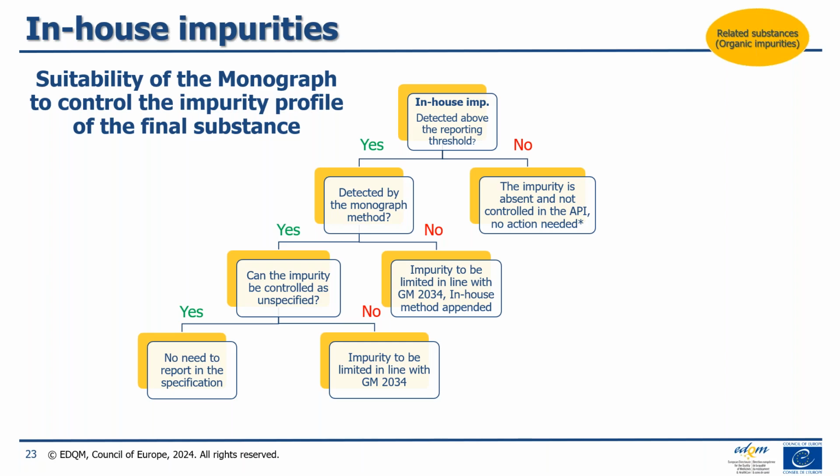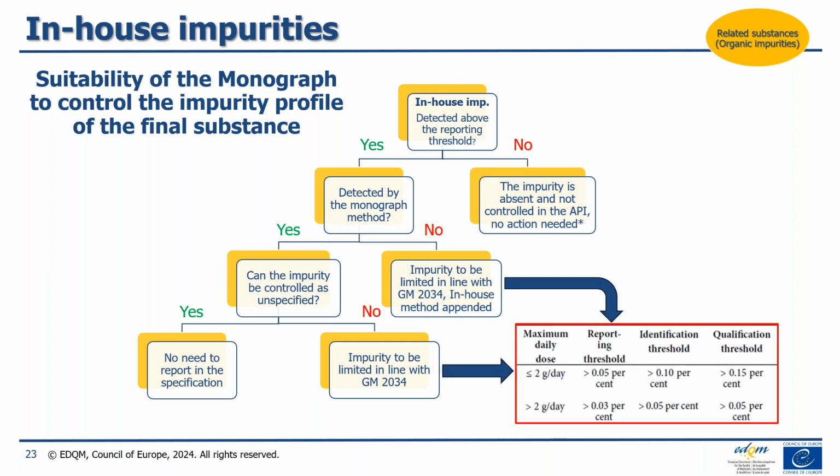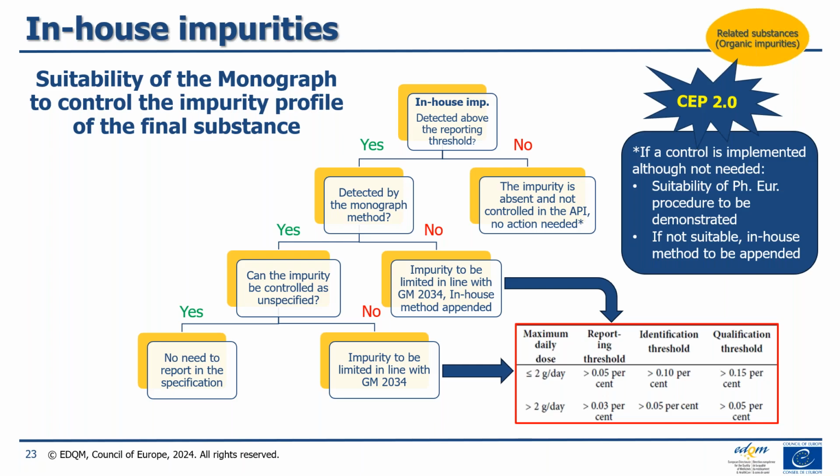And I will use also the general monograph 2034 for setting the limit for reporting, identification, and qualification threshold according to the maximum daily dose of the API considered. A special case will be discussed for STEP 2.0 later on.